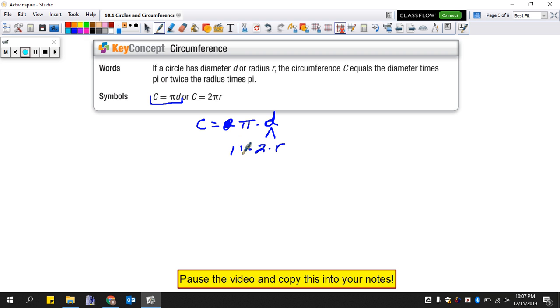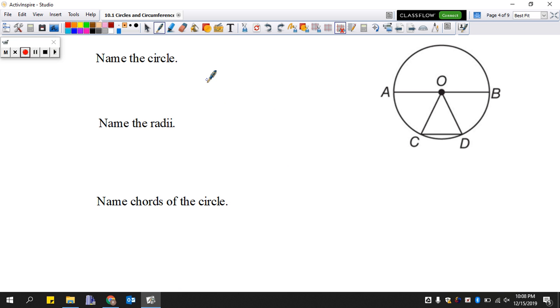So we have pi times 2 times the radius, or if you rearrange it, 2 times pi times the radius. So the circumference is 2 times pi times the radius. Which formula you use depends on whether you're given the diameter or the radius.